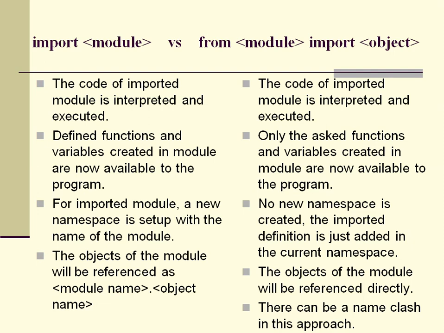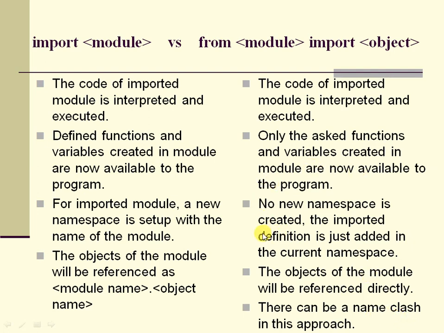Okay, then there will be a name clash. So to avoid this, the first approach will be preferred. This is the only disadvantage of this approach, that there can be a clash of names. So you have to be very careful while defining any variable in the program when using this approach.